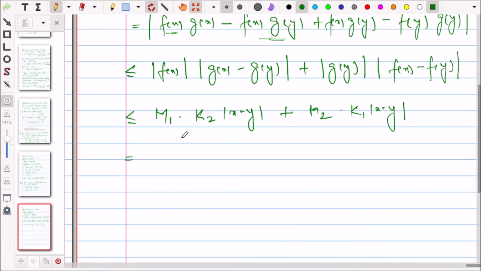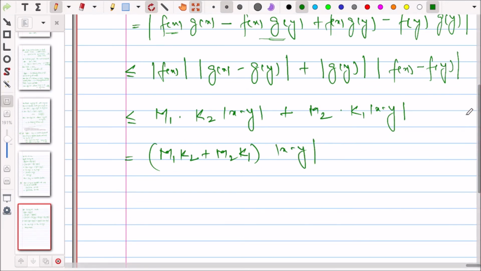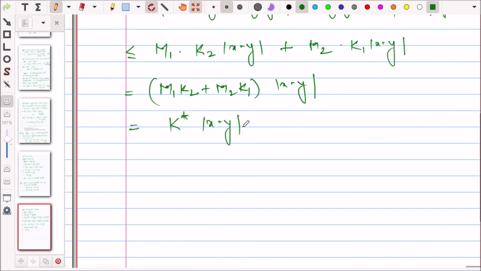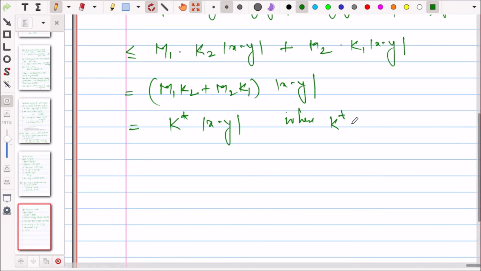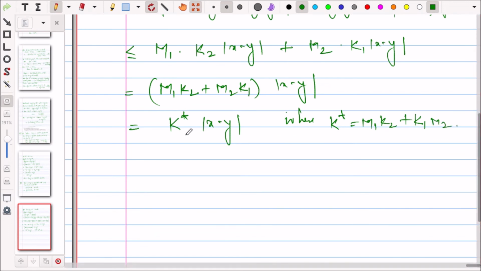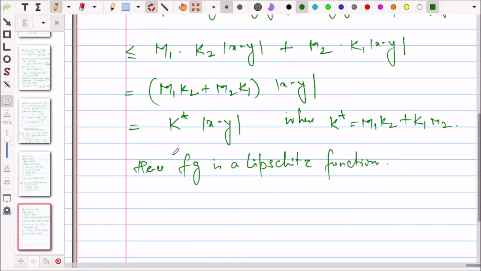So from here what we get is (m1 k2 plus m2 k1) times |x minus y|. This being a constant, it is a Lipschitz function. So you can take k star times |x minus y|, where k star is equal to m1 k2 plus k1 m2. Hence fg is a Lipschitz function. Note that the product fg is a Lipschitz function provided the functions are bounded and both are Lipschitz.